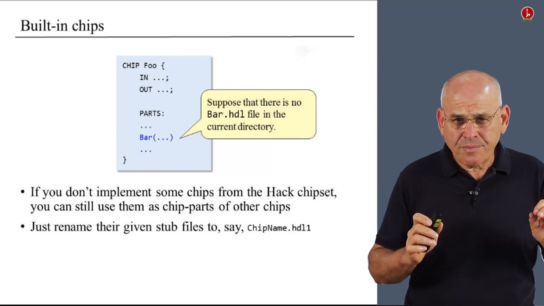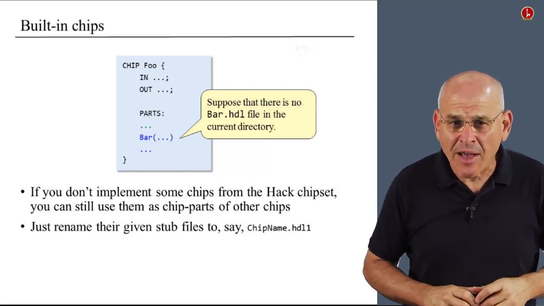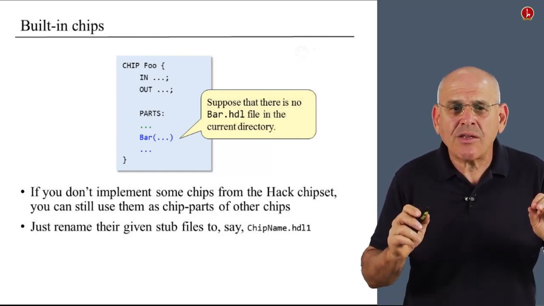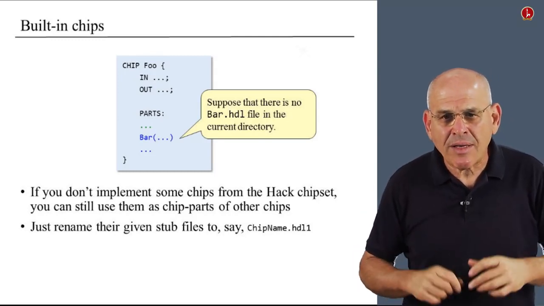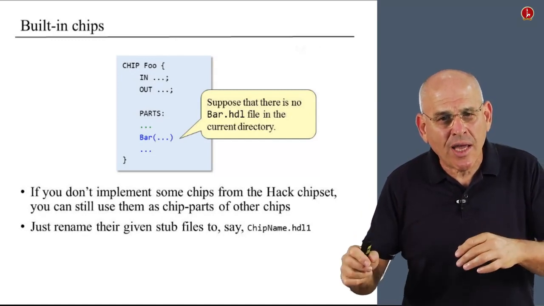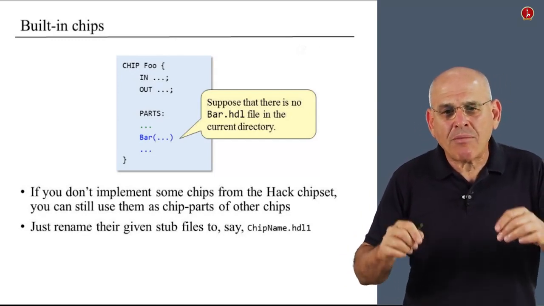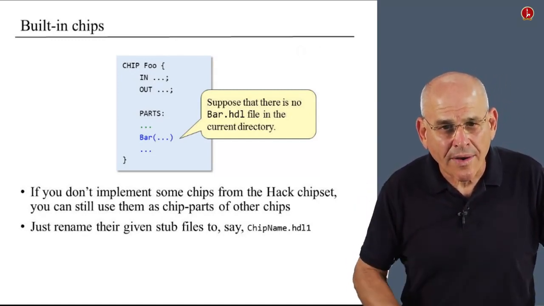All you have to do, if we gave you the stub file of bar, is change the name of this file to something else. For example, instead of calling it chipname.hdl, you can rename it chipname.hdl1.